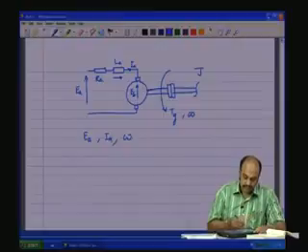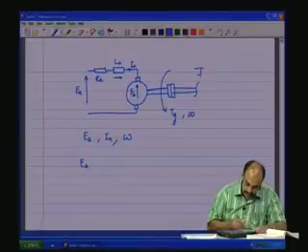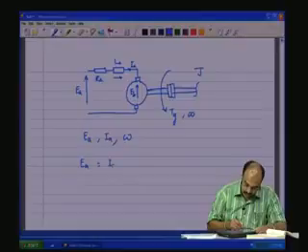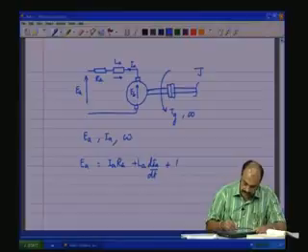So, we have the equations here. If we take this loop, EA is equal to IA RA plus LA d IA by dt plus EB, is one equation.